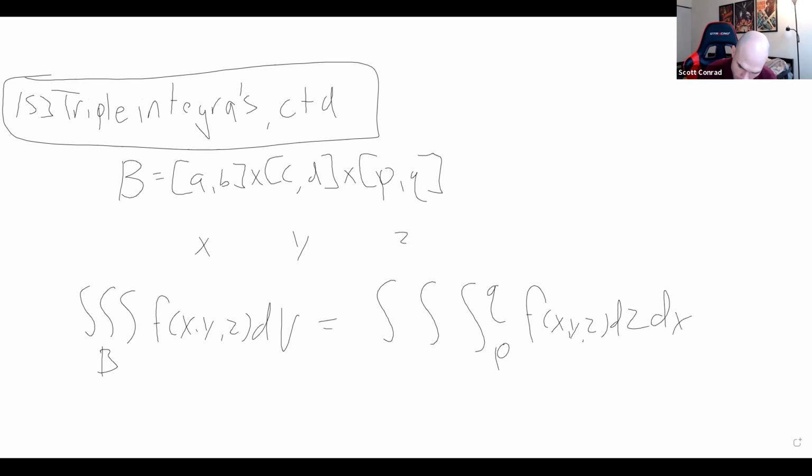Then say y. y goes from c to d. And then say x. x goes from a to b. Any order is fine. That's Fubini's theorem. They're all equal.